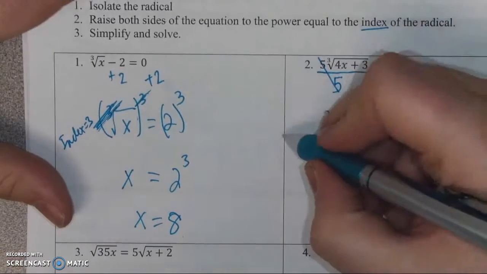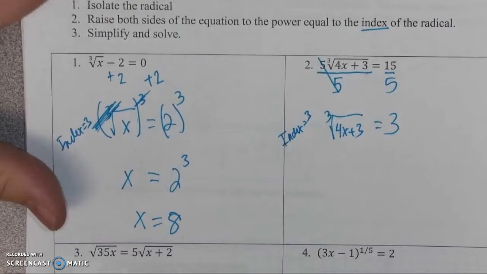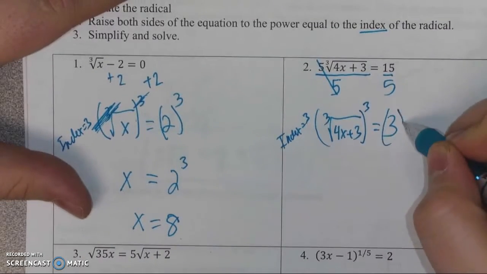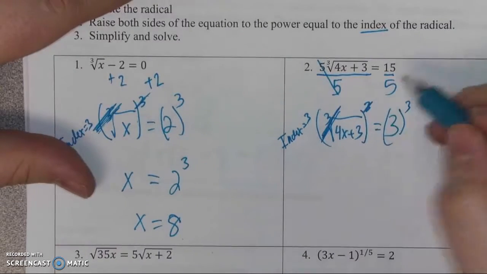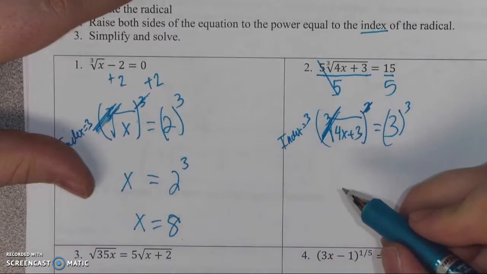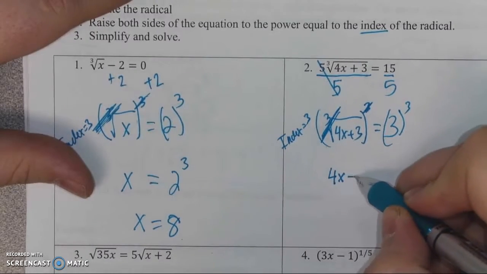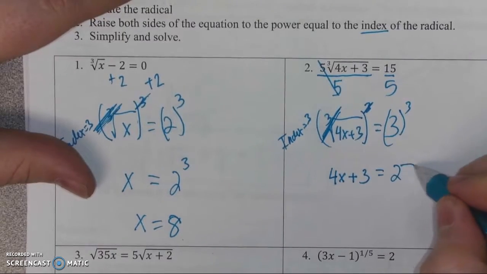Last part, identify the index. The index here is 3. So I'm going to raise both of these to the third power. So this will get rid of your radical and your exponent. So whatever was underneath the radical is going to just be copied down outside of the radical. So this is 4x plus 3 equals, and 3 cubed is 27.